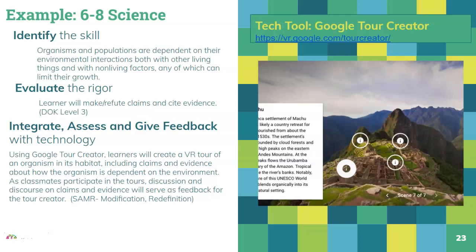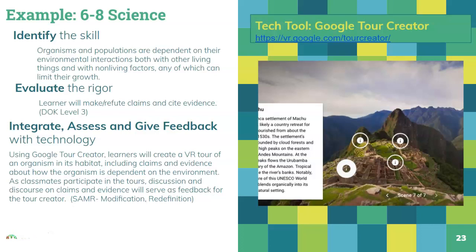But now imagine the user learning about that environment, putting on VR goggles and being completely immersed in it. If you're talking about an organism that lives in the desert, you are virtually in the desert, looking at that environment and listening to the student citing claims and reasoning about factors that impact that organism's life within that environment.